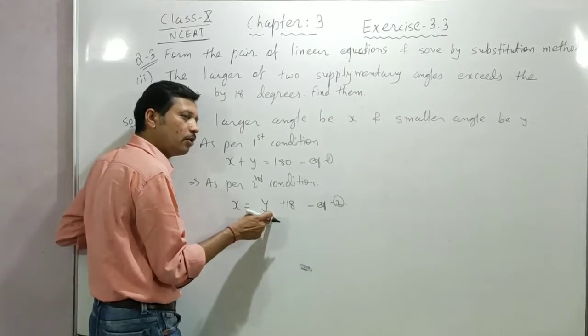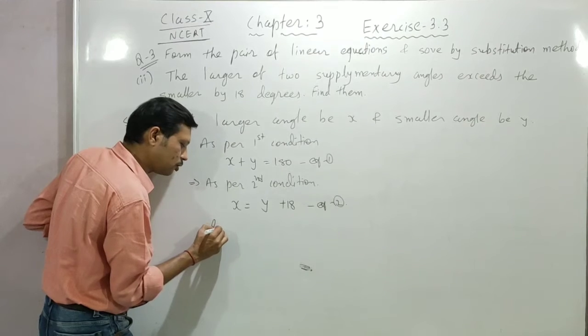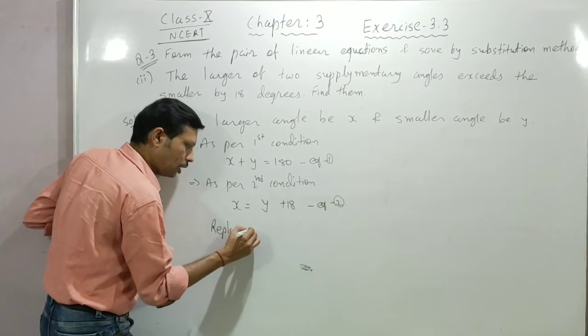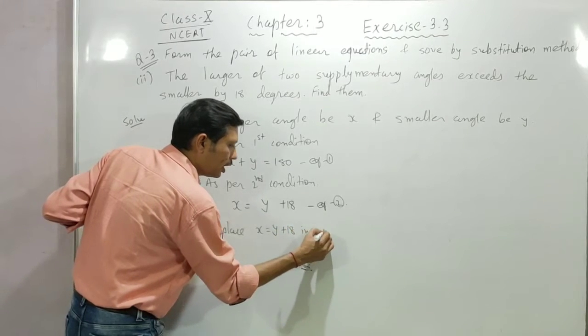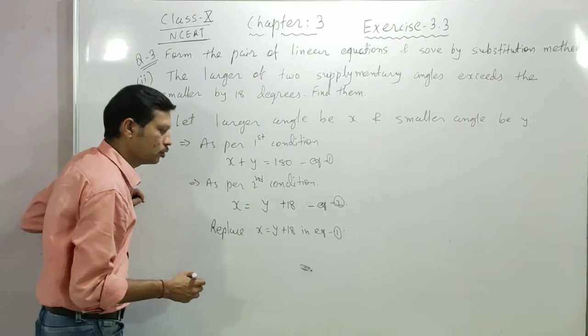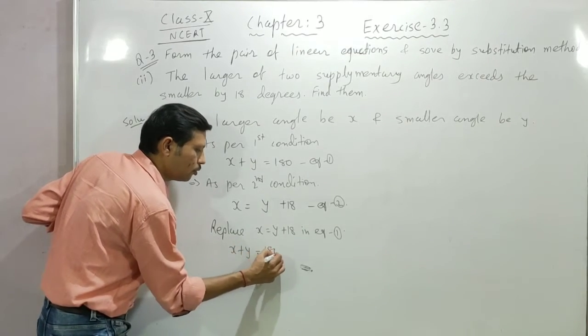So we will replace the value of x in equation number 1 by the substitution method. Replace x equals y plus 18 in equation number 1. Equation number 1 is x plus y equal to 180.